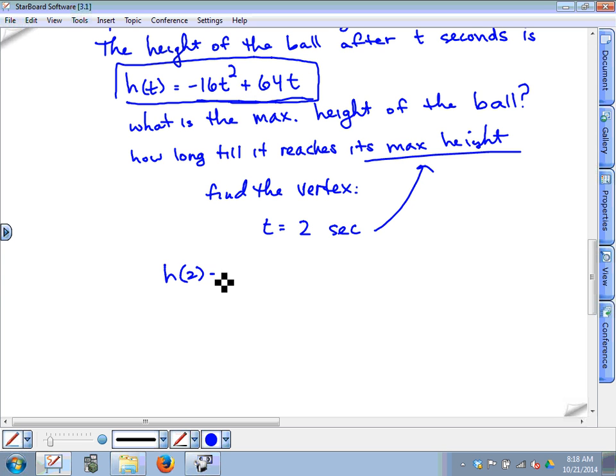H of 2 is negative 16 times 2 squared plus 64 times 2. 2 squared is 4 times negative 16 is negative 64 plus 128. So that's 64 feet. So whoever threw this ball, they were able to throw it 64 feet into the air. That's not too shabby.